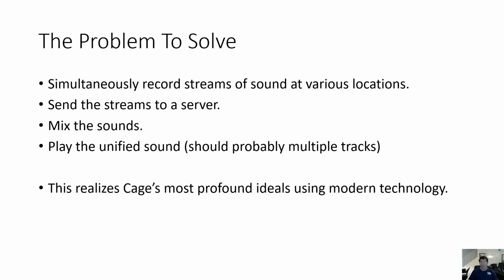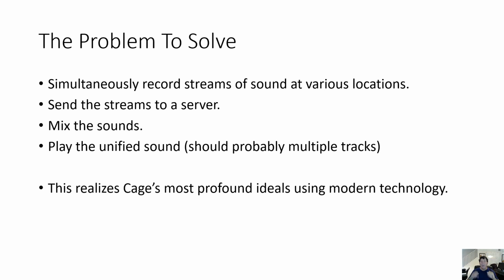So here's the problem that we're going to solve in this project. We're going to simultaneously record streams of sound at various locations. In other words, you might pick 4, 5, 6, however many people, and each one would go out to different locations. Maybe one at a traffic location, maybe one at a mall, maybe one, who knows, at a concert. And all these different places would give you a different stream.